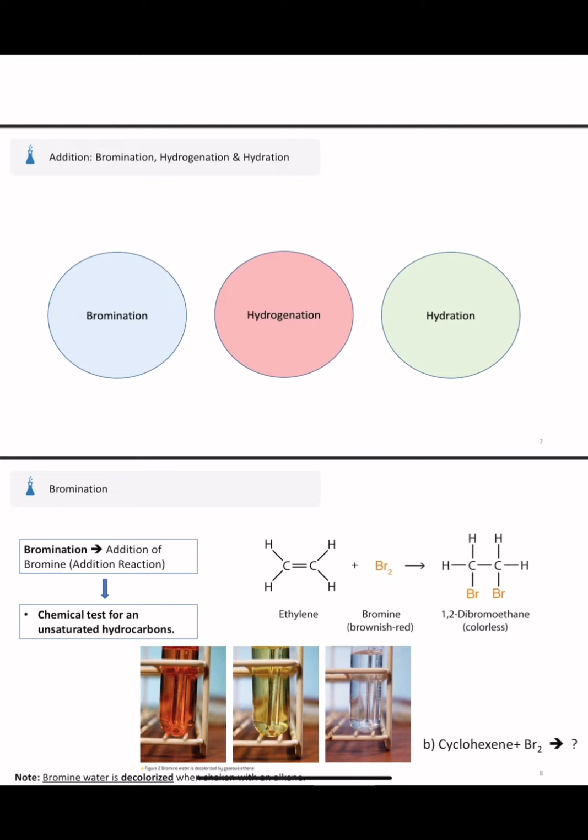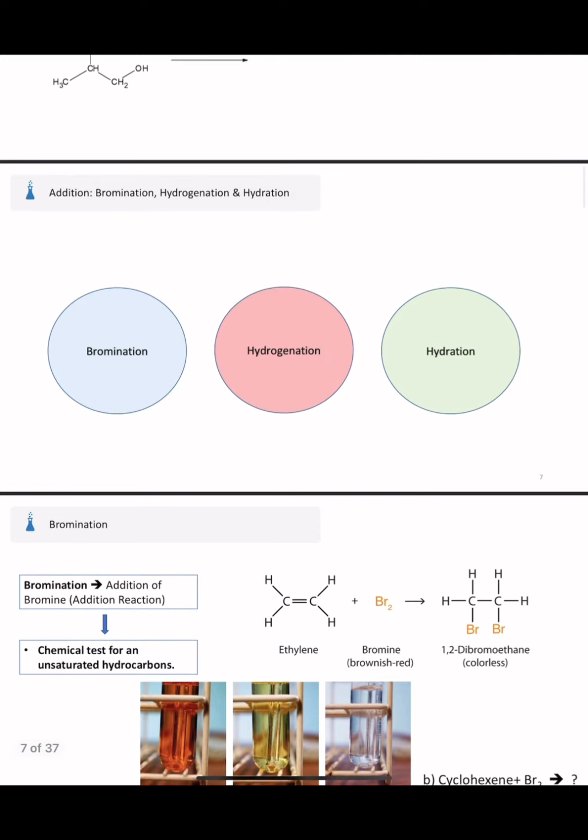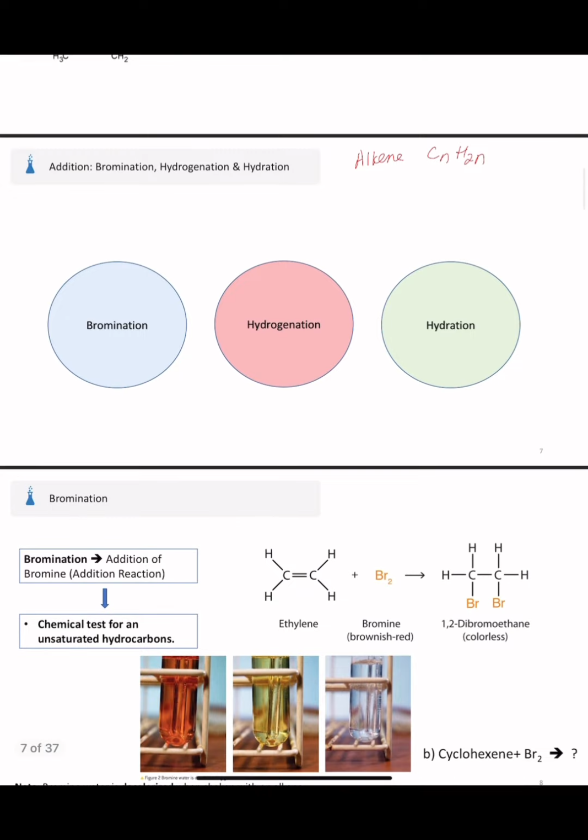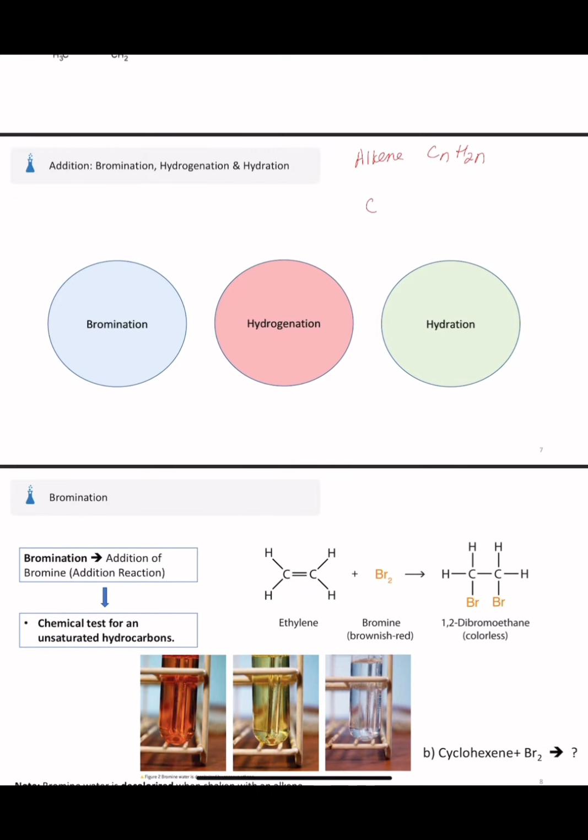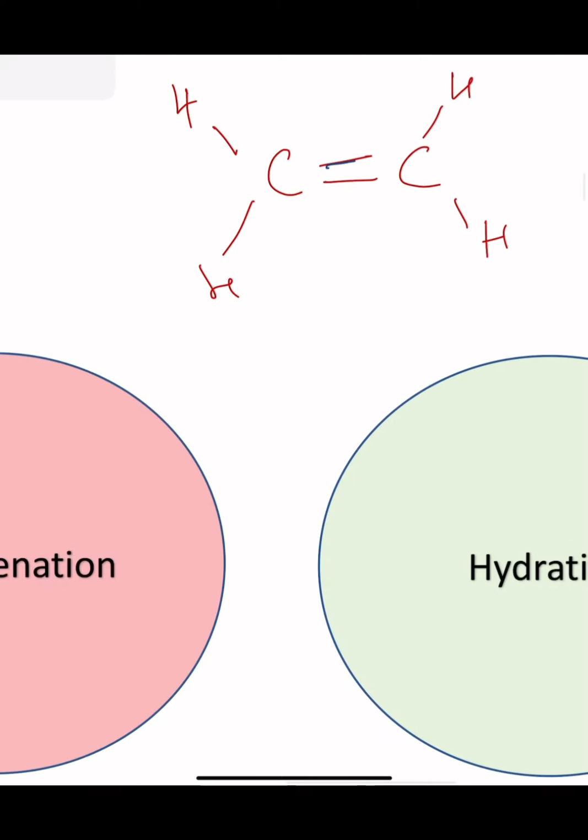Okay, so now we're still talking about alkenes. I just want to remind you of the alkene structure again. Alkenes have the general formula CnH2n. So the simplest one is ethene. So I need to have a double bond and then I have hydrogens, okay? Because I have a double bond in here, I can add stuff onto it, okay?